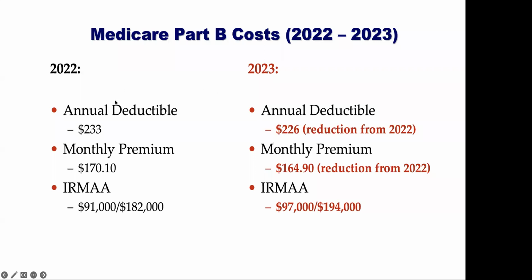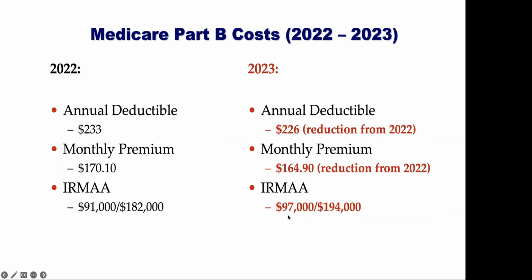About 93% of the population that's on Medicare will pay the $164.90 next year. About 7% who earn over a certain income threshold are subject to what's known as the income-related monthly adjustment amount. They will pay a greater share for their monthly Part B premium.